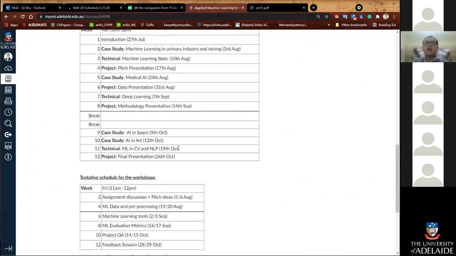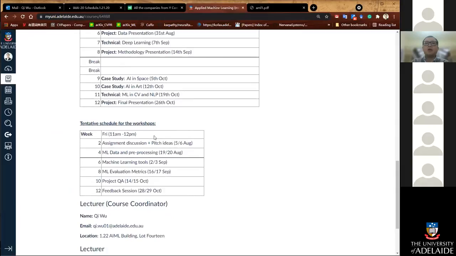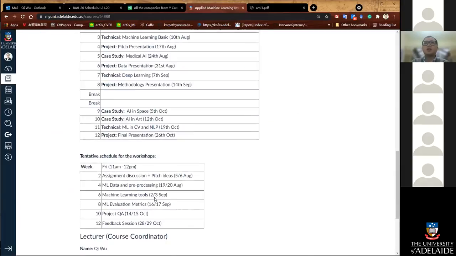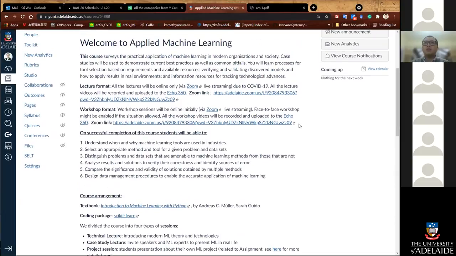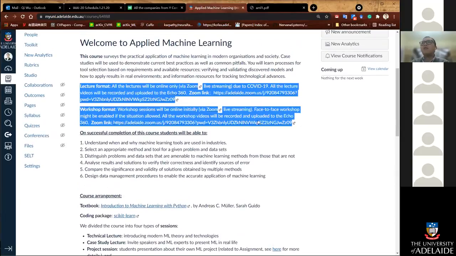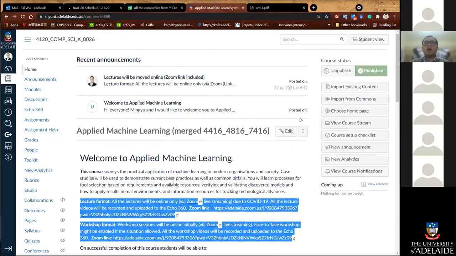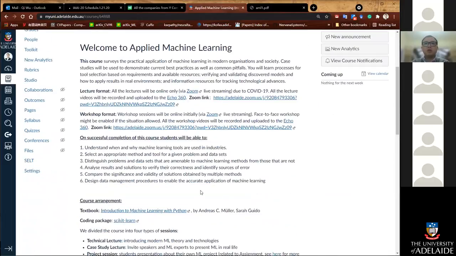Which means our first workshop and all the following workshops will be in the lecture room. We're still waiting for the news from the university, and I will update this if I receive any news, and I will make an announcement about the lecture format.